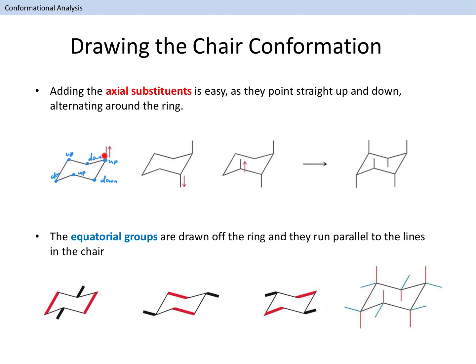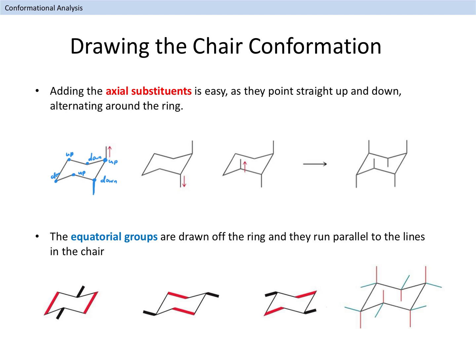How does this help us know which direction to draw our bonds? It turns out that the direction that an axial bond will be pointing is the same direction that the carbon atom is pointing. For example, a carbon that is pointing up will have an axial substituent that is also pointing up. A carbon atom that is pointing down, however, will have an axial substituent that also is pointing down.